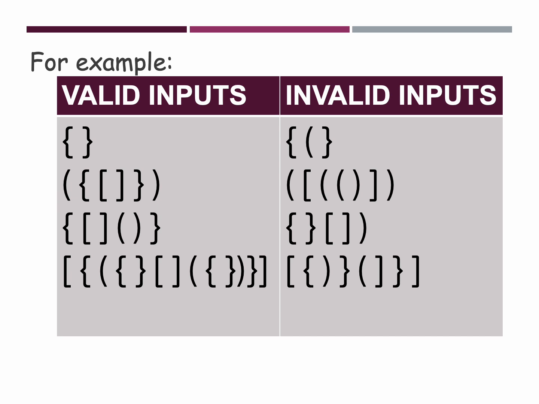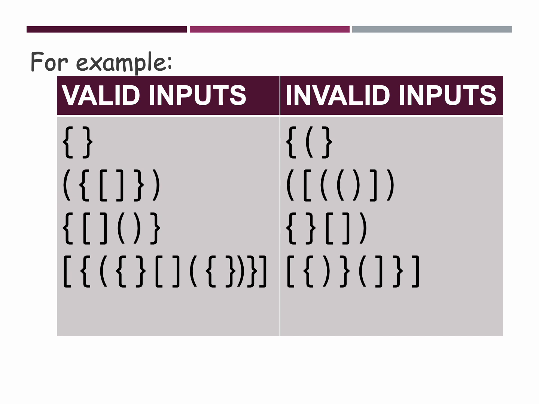If we look at the right side, the invalid inputs, we have curly braces and then a parenthesis, but the parenthesis is not closed. We do not have a closing parenthesis, which makes it invalid.